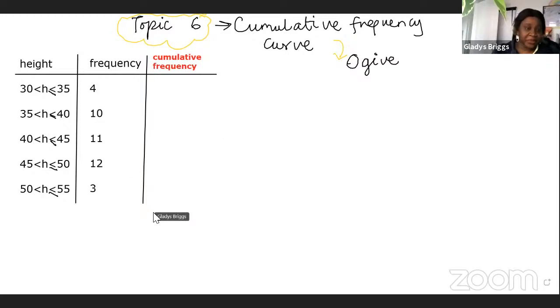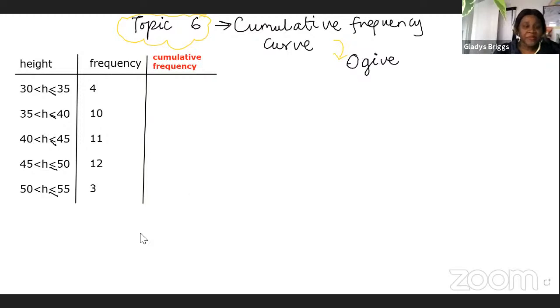Okay, so now we need to populate that column, and this is how we do it. So you keep adding on the preceding frequencies, okay, until you get to the end here. You keep on adding the preceding frequencies, the previous ones.